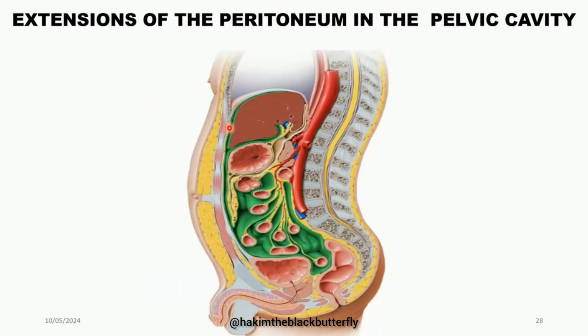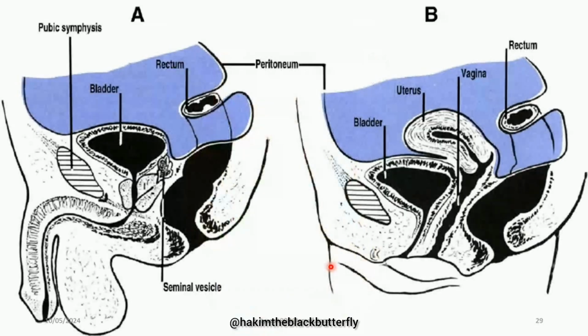Going forward, next, let's look at the extensions of the peritoneum into the pelvic cavity. You can see that it extends into the pelvic cavity to wrap around the structures of the pelvic cavity. Okay, and you can appreciate it well in these images.